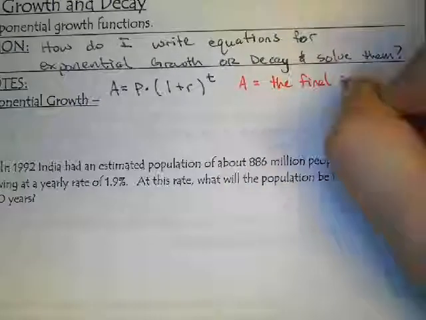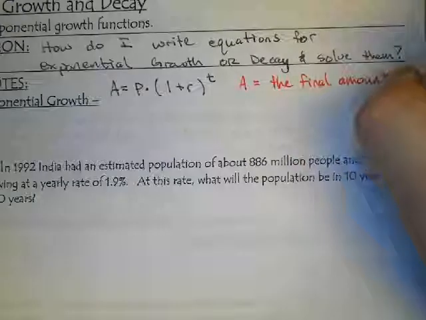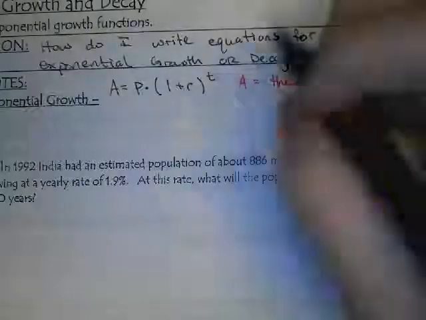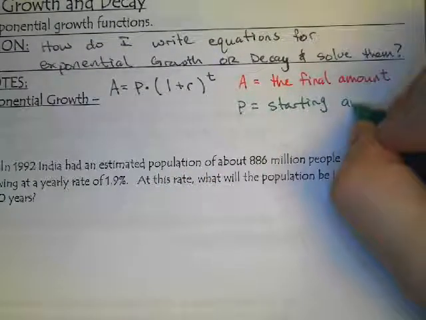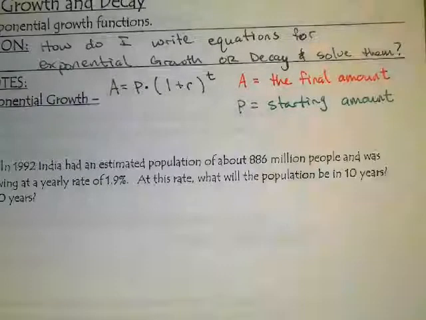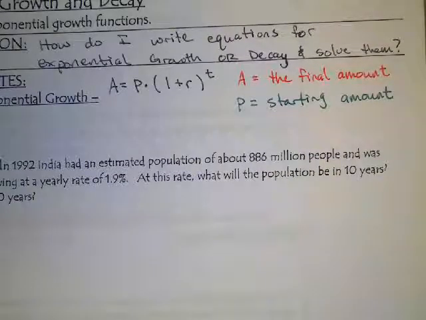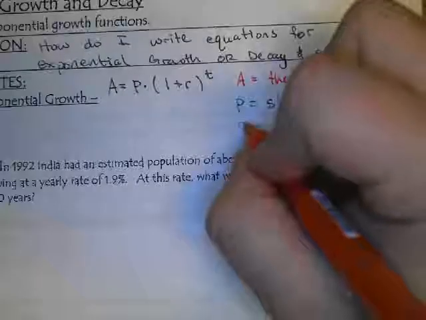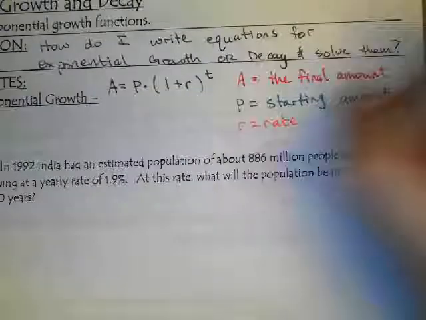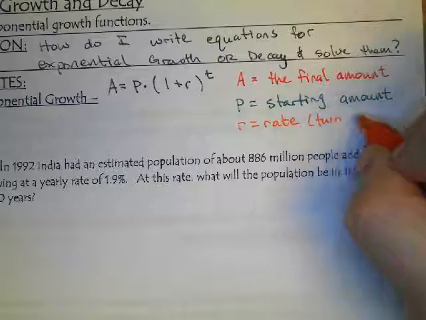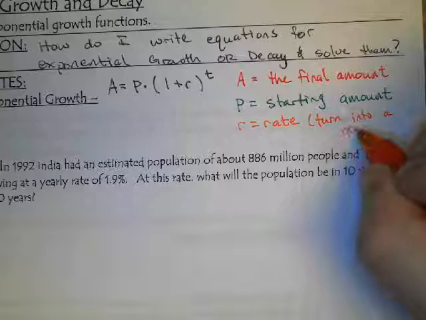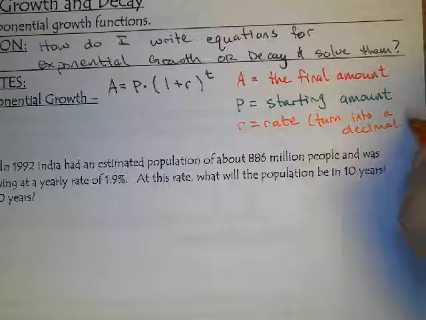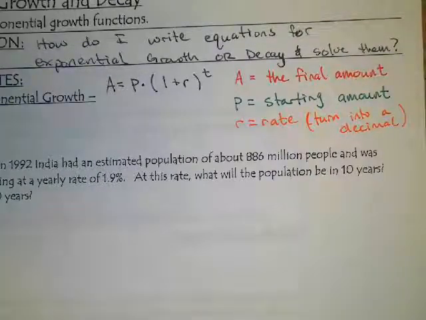So this will be the amount we're solving for. P is our starting amount, also known as the principal. R is the rate. We must turn it into a decimal. And T stands for time.